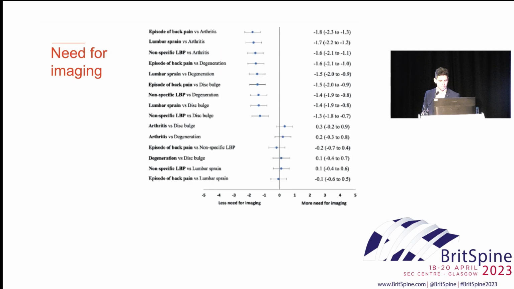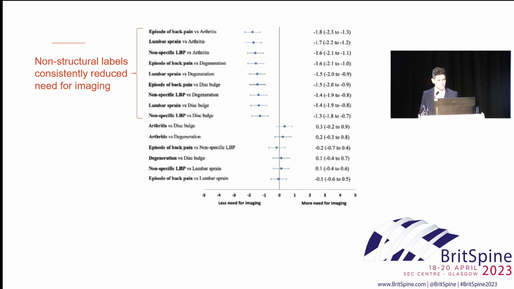So these are the main findings of the study, and I apologize, the quality of the figure isn't very good. But you can see here at the top of the figure that the non-structural labels, episode of back pain, lumbar sprain, and non-specific back pain, consistently outperformed the structural labels in terms of reducing the need for imaging. And this was measured on a 0 to 10 scale.